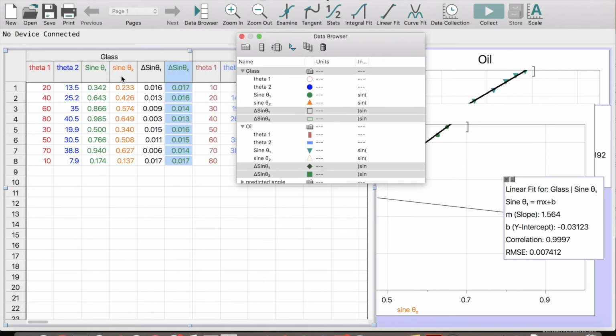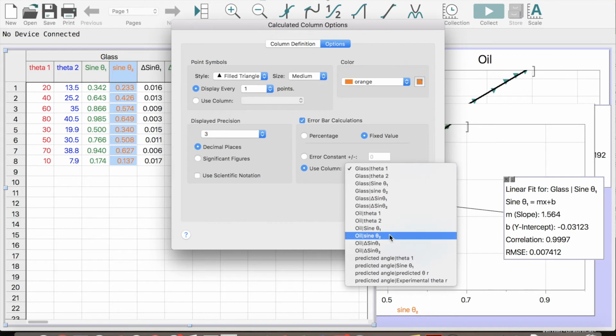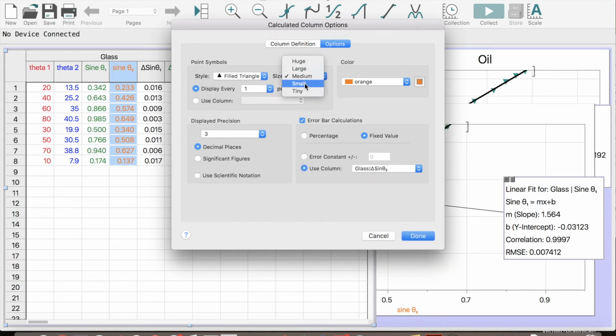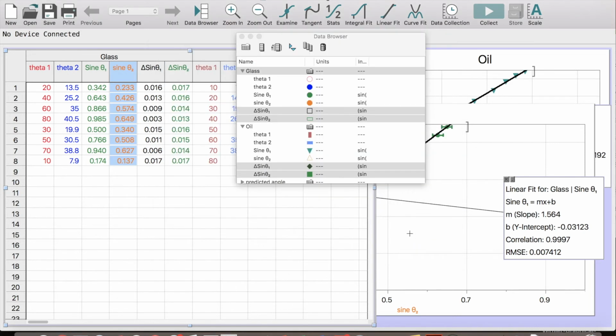We will tell sine theta 2 we'd like to use that column as the uncertainty, which is delta sine theta 2. While we're at it, we'll change this to small circles. Orange is fine.